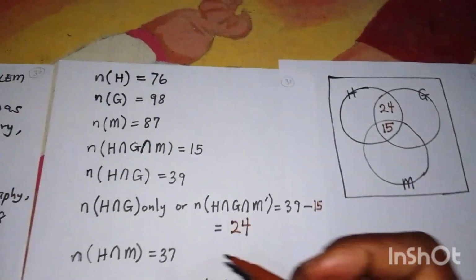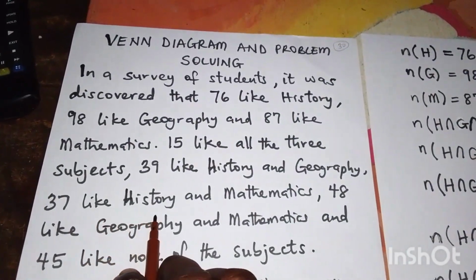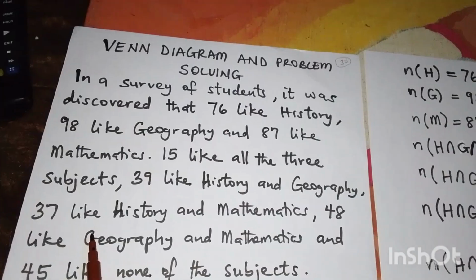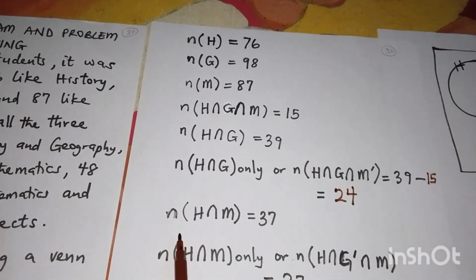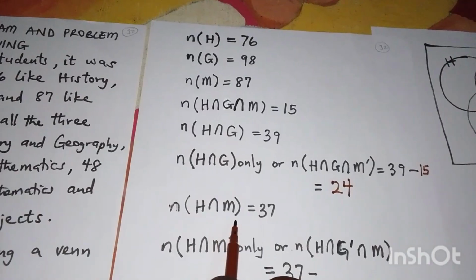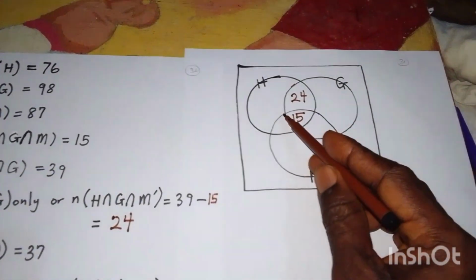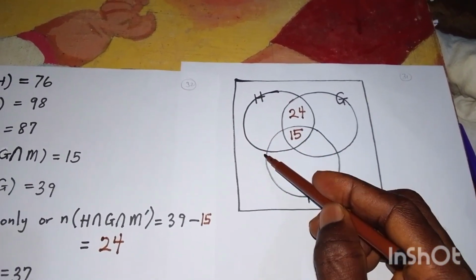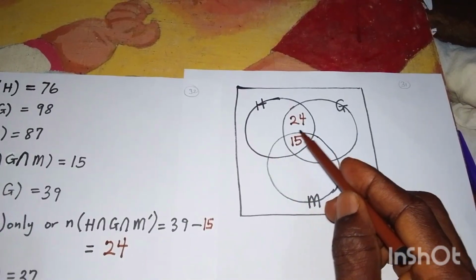Now, we were told that 37 like history and mathematics. 37 students like history and mathematics. Number that like history intersection mathematics, we have 37. Let's look at it. History and mathematics. These are those that like history and mathematics, everything in these two circles that intersect.